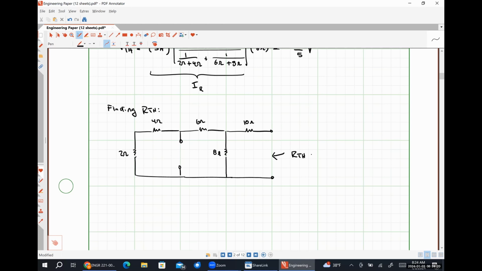Absolutely right. So this is going to look like 10 plus 8 in parallel with 2 plus 4 plus 6. So let's see. So that's going to be 10 plus 8 times 12 over 20.